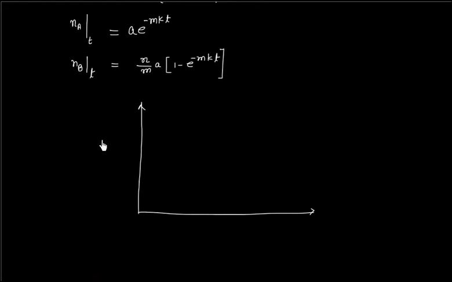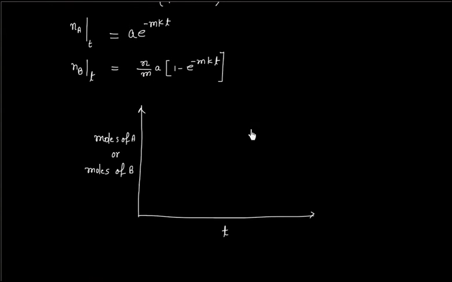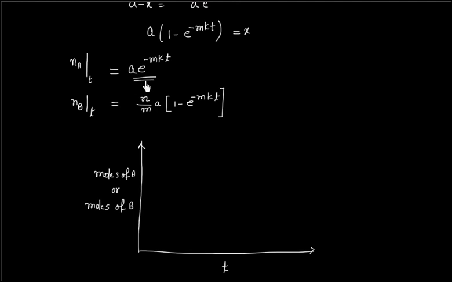So let us say on the y-axis we have moles of A, or we can have moles of B. Now you see, at t equals 0, moles of A is A. So if I plot this equation, at t equals 0, moles of A is A. So we will have somewhere here, let us say this value is here.